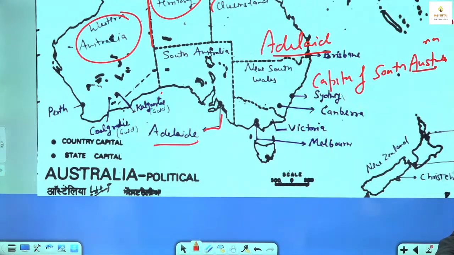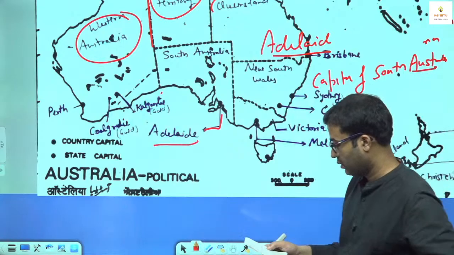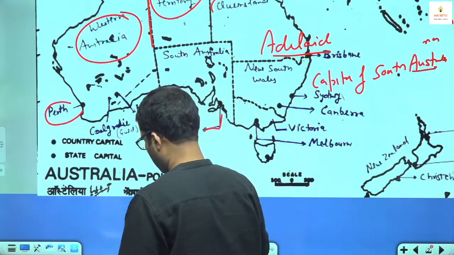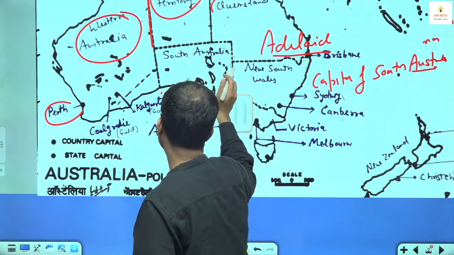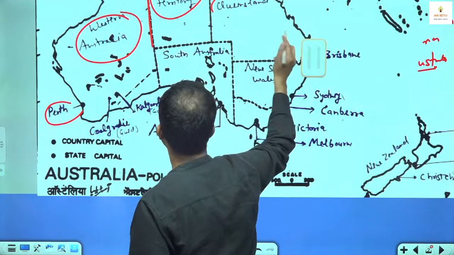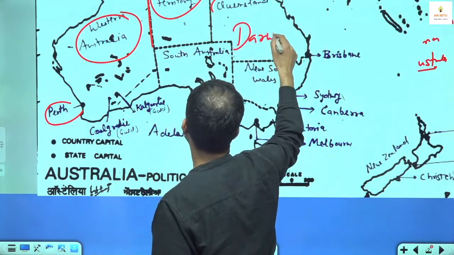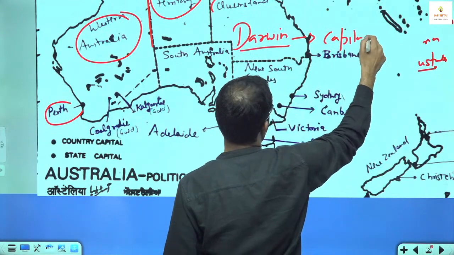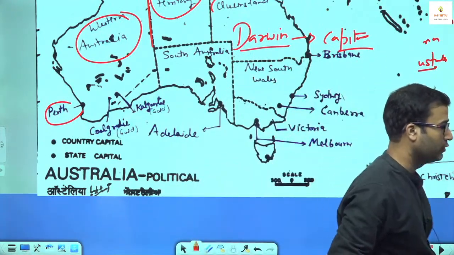Next is Perth. Perth is the capital of Western Australia. Next is Darwin. Darwin is the capital and the main port city of Northern Territory.